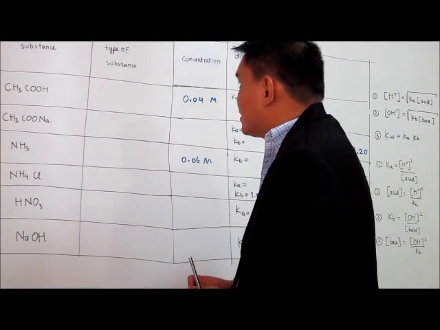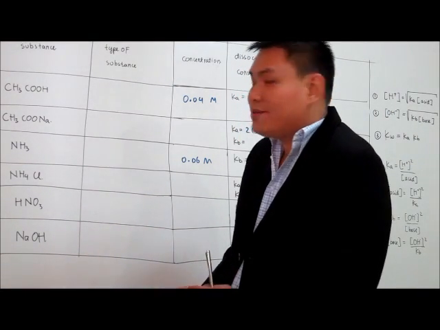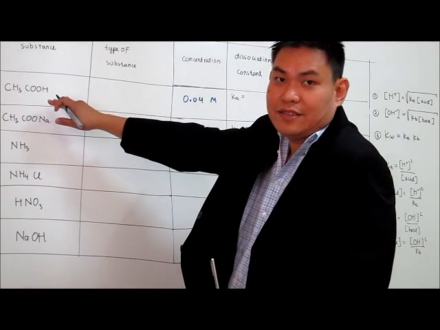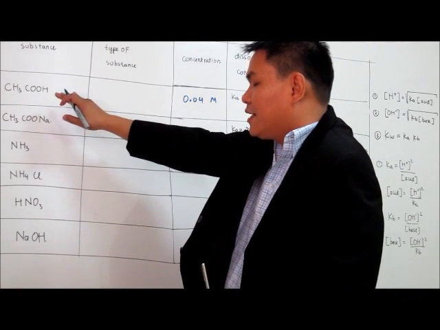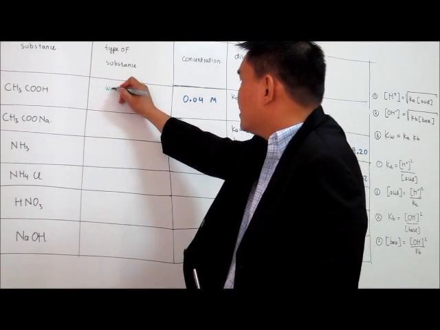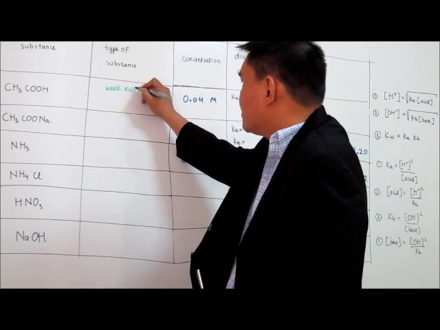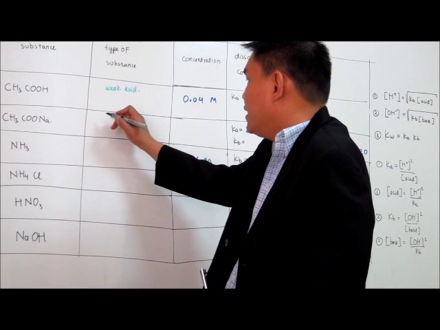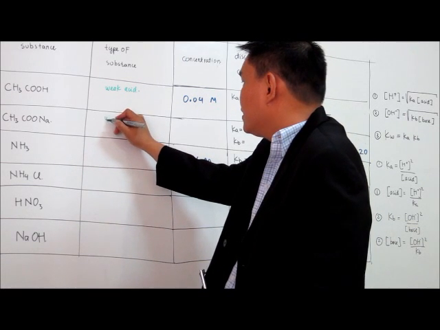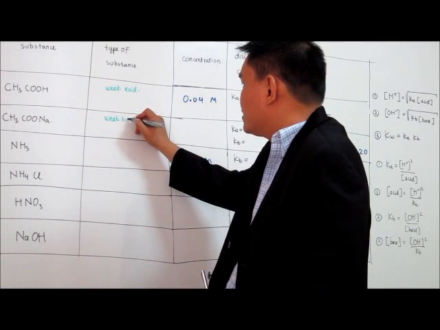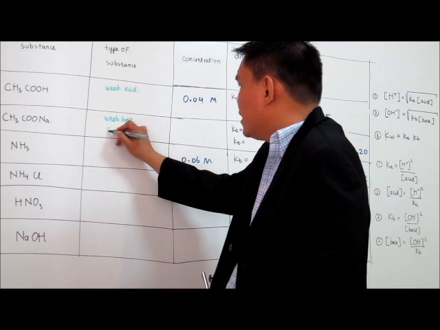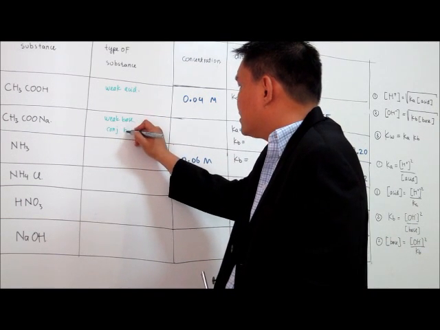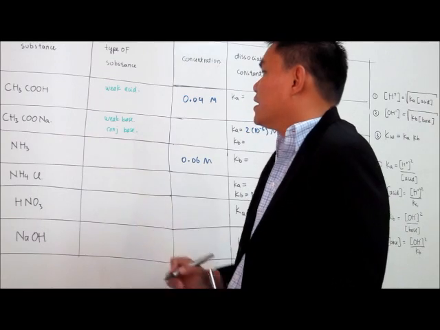I think this is quite easy for you to do. Concentration of ethanoic acid is of course a weak acid. Sodium ethanoate or CH3COONa you can call a weak base, or a conjugate base of ethanoic acid.